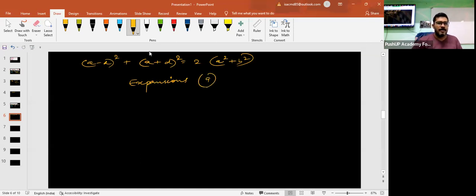Hope you all remember this. Very good. At least now you can note it down: (A minus D) whole square plus (A plus D) whole square is equal to 2 times A square plus D square. Do you remember? Just note it down.